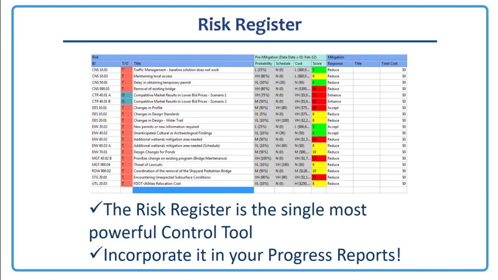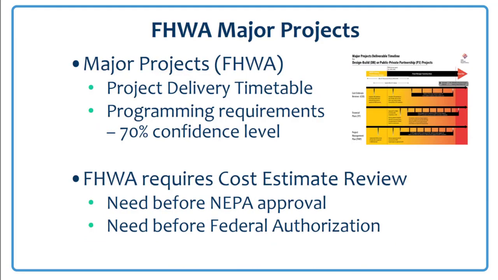The risk register is also, and this was mentioned earlier, should be included in your project management meetings to discuss mitigation efforts that you've done on the project. And then for FHWA major projects, we have the project delivery timetable, which I'll talk about in just a minute.